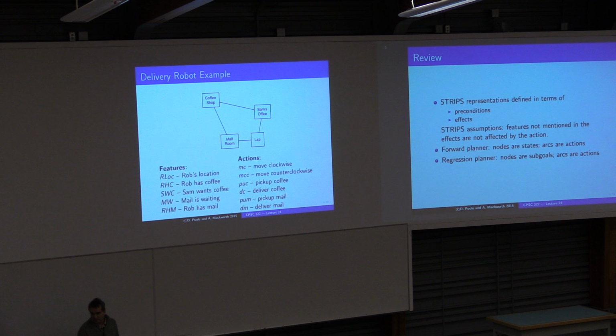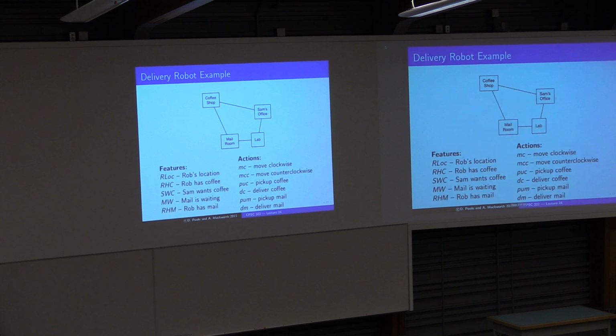The forward planner starts from the initial state, so nodes are states and arcs are actions, and it searches forward from the initial state, trying to find a state where the goal is satisfied. And regression means going backwards, so it starts from the goal and goes backwards, searching for the initial state. Are there any questions about either of these?